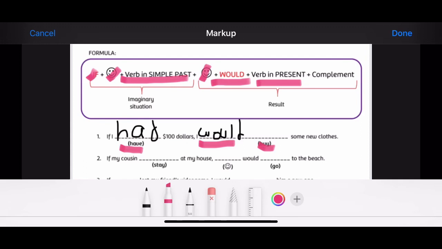It says right there we have to put buy. Buy in present? Well, buy does not change. It stays the same because it's in present. And then we have our complement, some new clothes. We already have that. So that's what you have to do with number 2, 3, and 4.